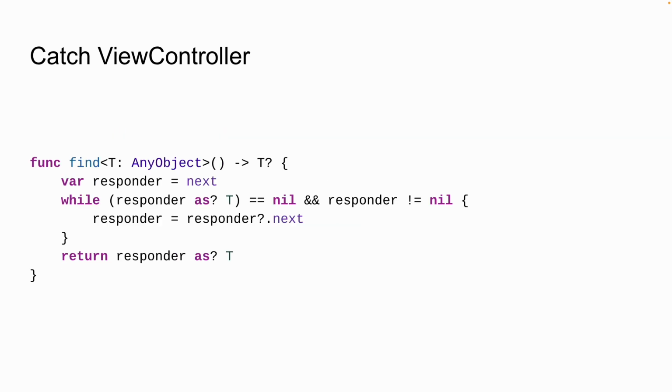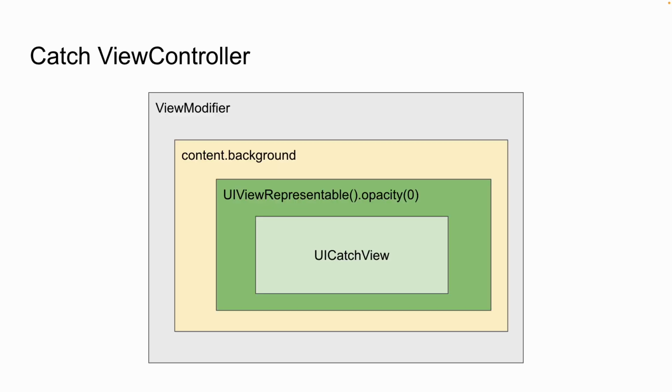So to get the ViewController, we could again use UIResponder. We could iterate through it and try to just cast it to type of UIViewController, and this way we could actually find it. And the final solution could be this way. We could create a ViewModifier to use it more conveniently in SwiftUI.